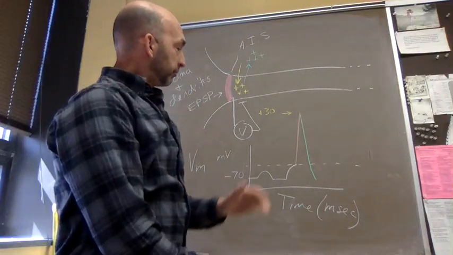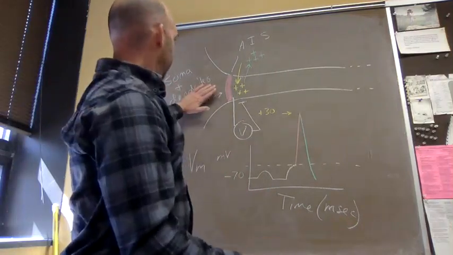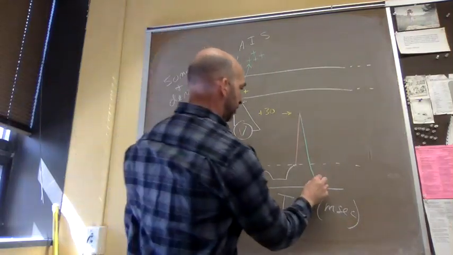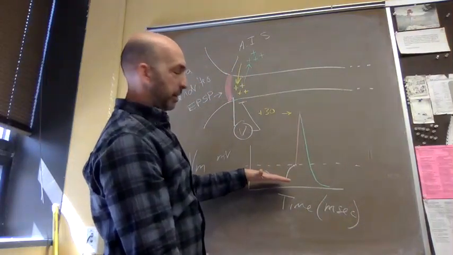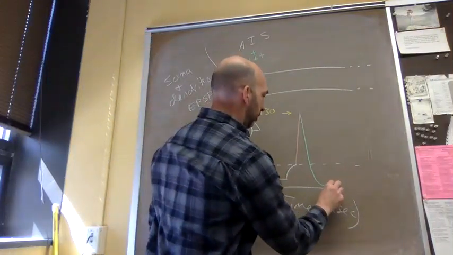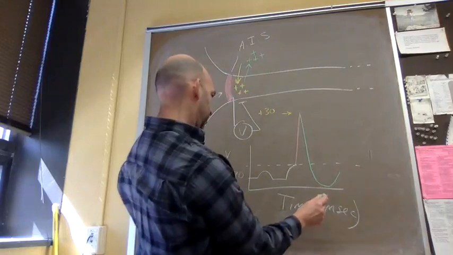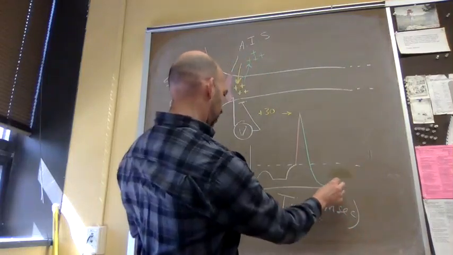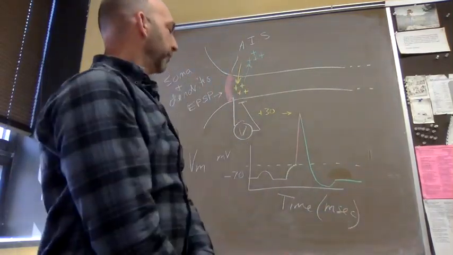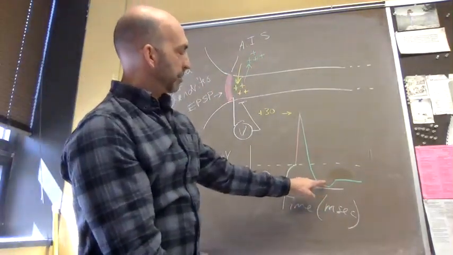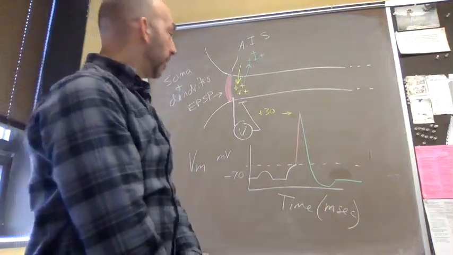Now, if we don't have another EPSP at the moment, we would actually hyperpolarize a little bit. Go past normal resting membrane potential, and then we would come back up. I'll find my resting potential here. Come back up to resting potential right about there. So we have a little hyperpolarization after the action potential.